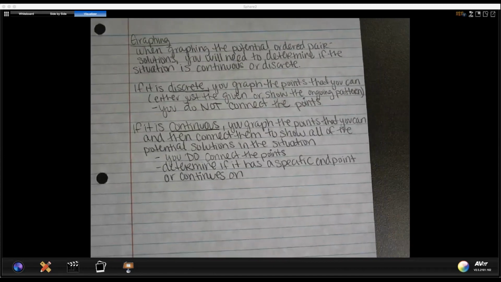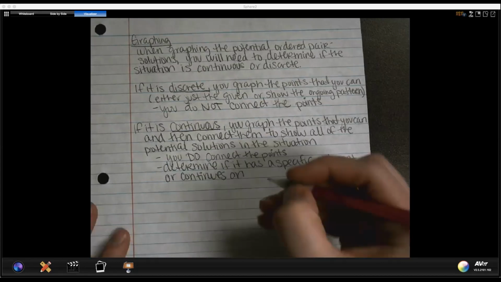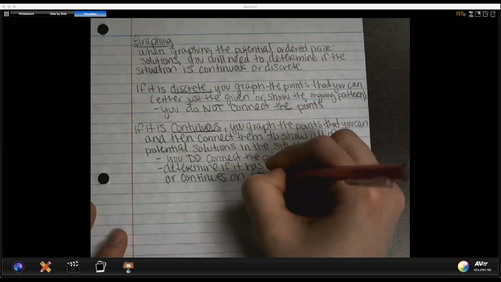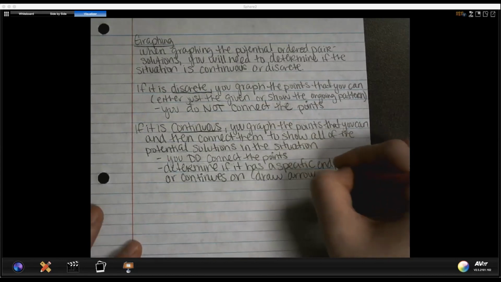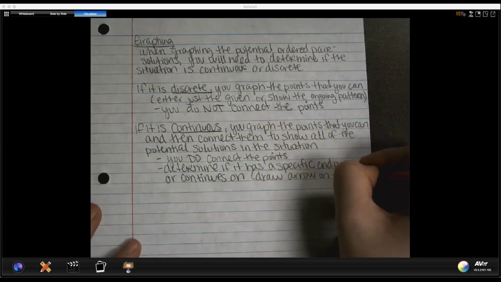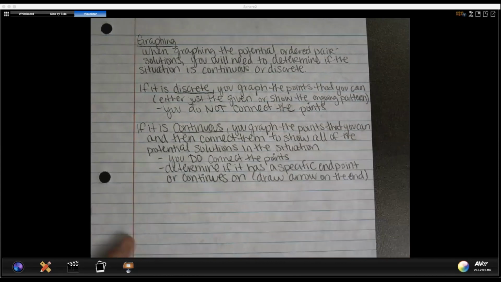How do we show on a graph if a pattern continues on? Good. Yep, you draw an arrow in the end. Okay, arrows in math mean that the pattern would continue.